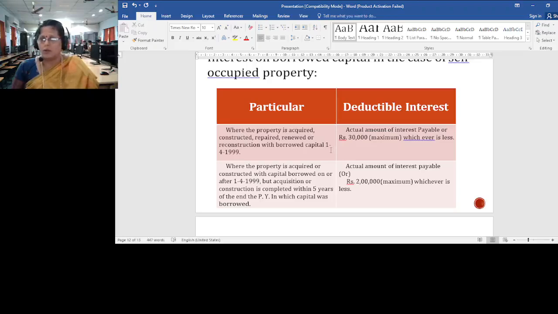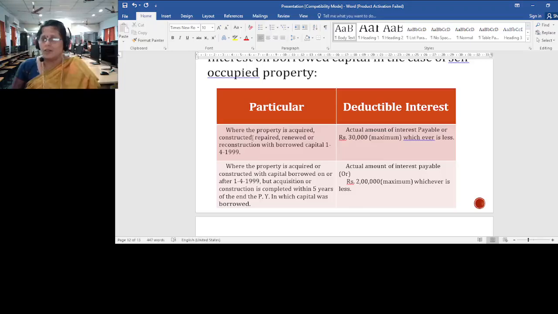on or before 1/4/1999. See, if you get any loan on or before 1/4/1999, the deductible amount of interest will be the actual amount of interest payable or rupees 30,000, whichever is less, can be claimed as interest on borrowed capital. I repeat it once again.